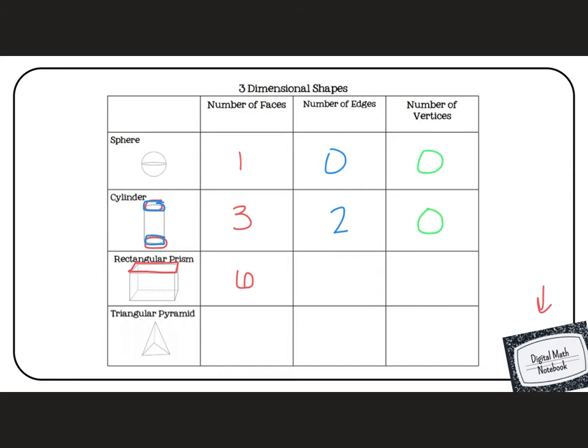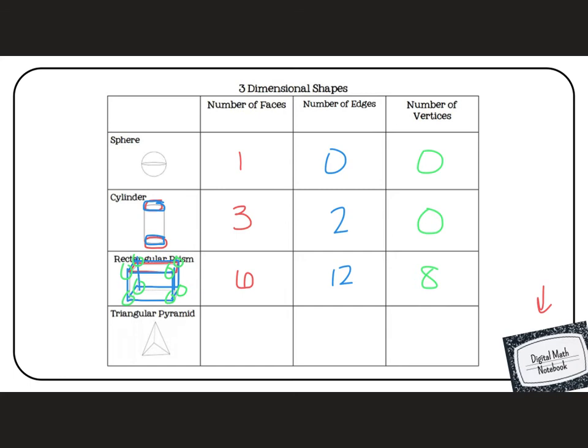It has 1, 2, 3, 4, 5, 6, 7, 8, 9, 10, 11, 12 edges, just like a cube. And its vertices, just like a cube again, are 1, 2, 3, 4, 5, 6, 7, 8.